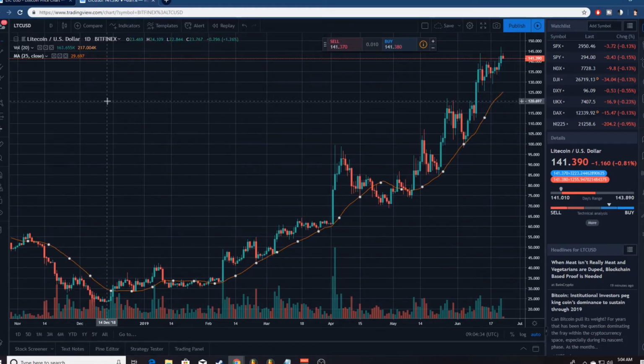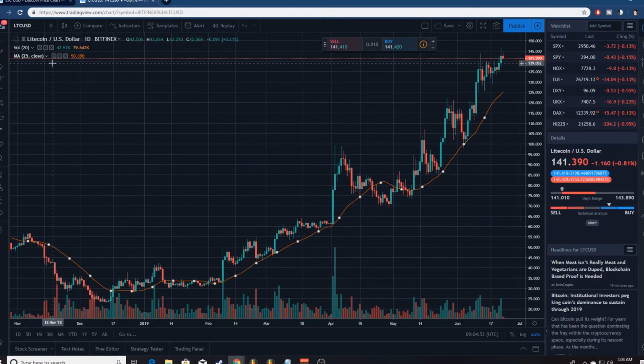Those are the main moving averages that most traders and investors look at. Yes, there are people who look at other days if you're doing very specific trading, but those are the main ones. Write that down: 25, 50, 100, and 200.